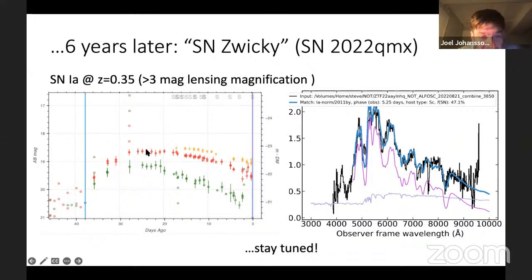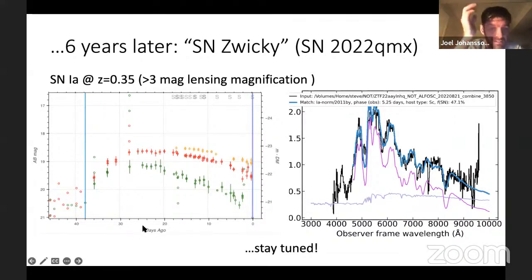But then if you look at the other y-axis, which is the absolute magnitude, it's the observed magnitude minus the distance modulus for a source at this redshift 0.35. That implies that the peak magnitude of this supernova is -23, which is 3.5 magnitudes brighter than the peak magnitude of a type Ia supernova.